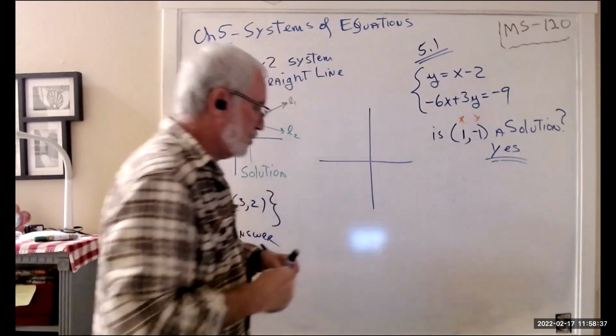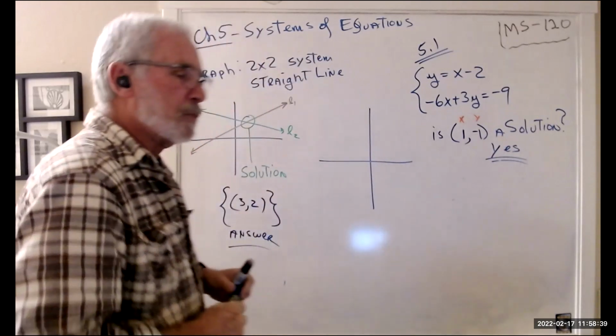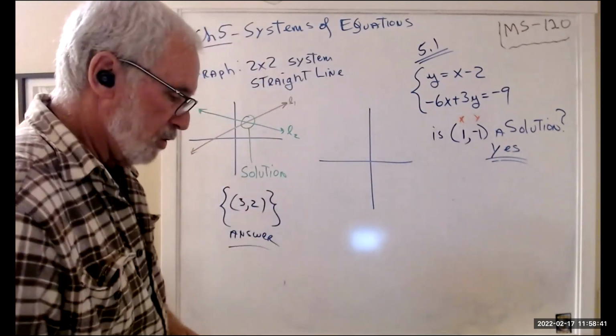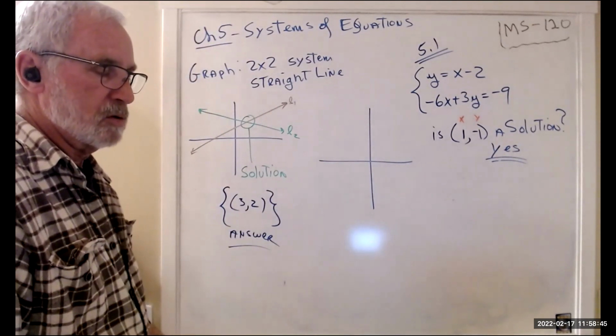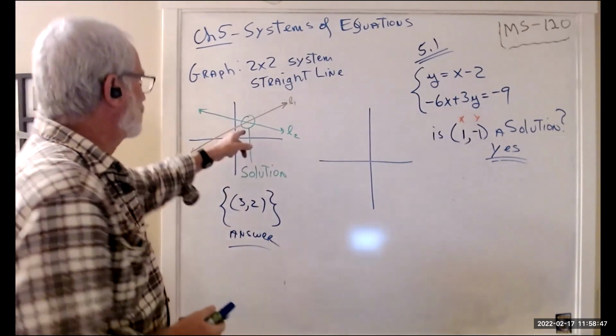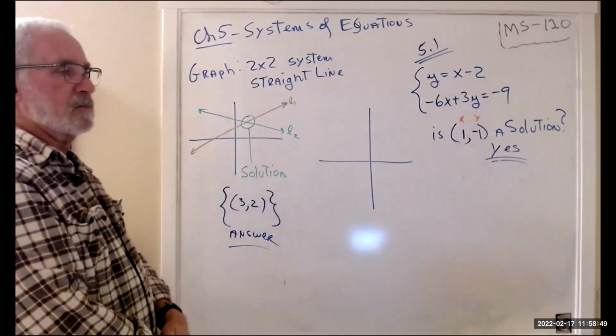Okay, here we got two lines again. What's another possibility for graphing two lines? If they don't cross, what's another possibility then? They could be parallel. Good, they could be parallel.